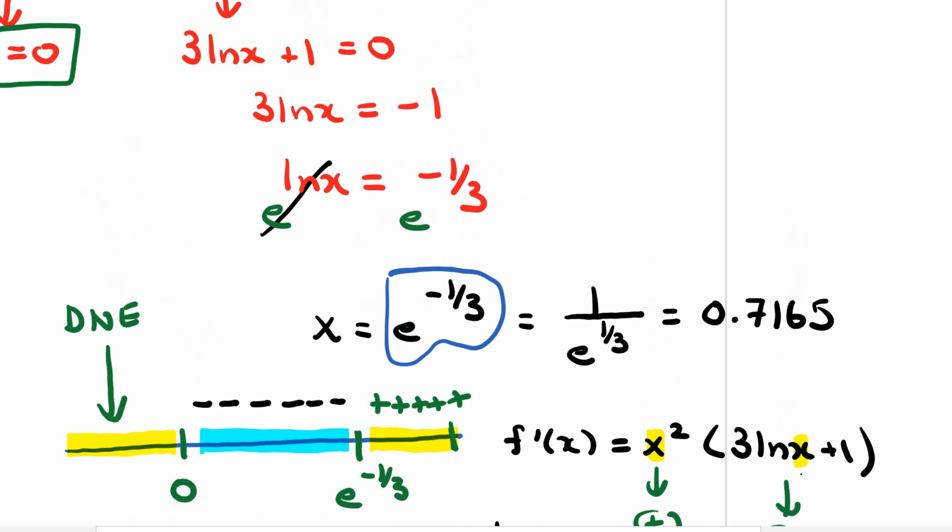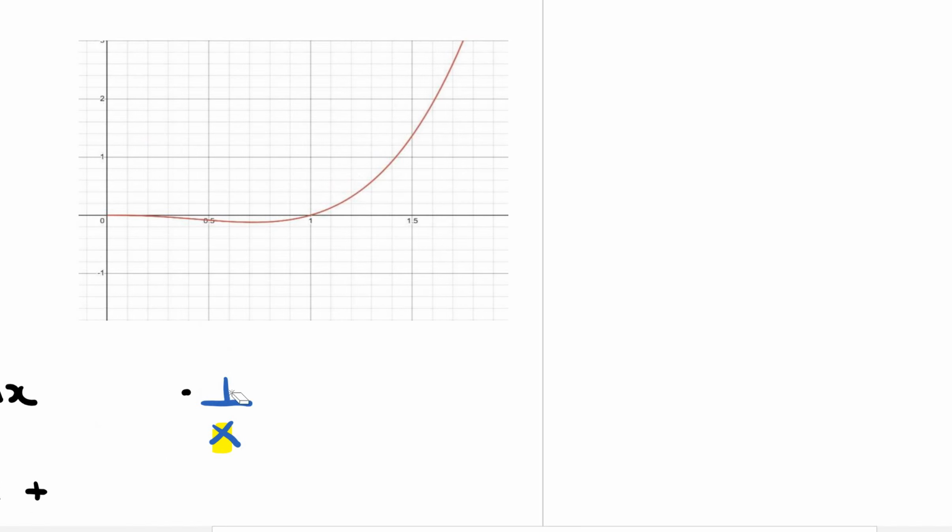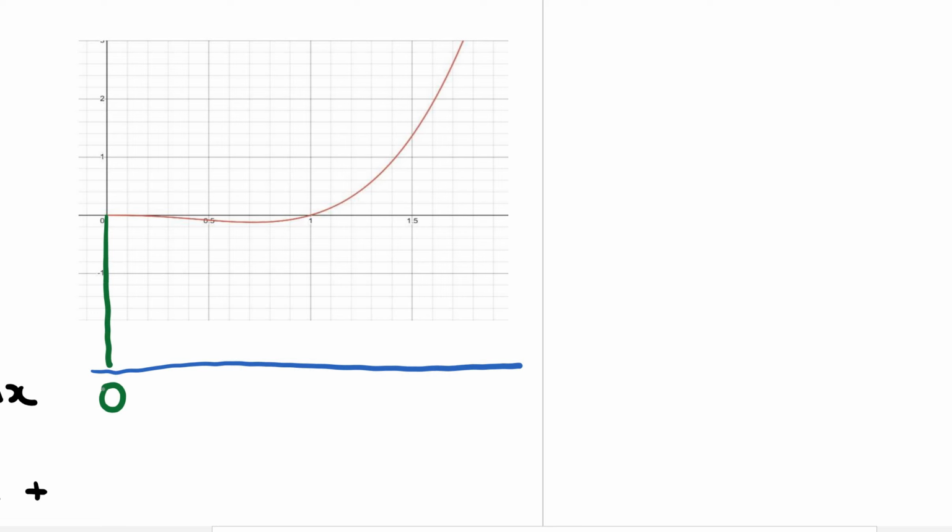If I had to verify this on the graph like we have over here, let me explain the answers one more time. Here's a horizontal number line, and let's put the key values here. This is 0, and we also have e to the power negative 1/3, which is probably going to be somewhere around here.